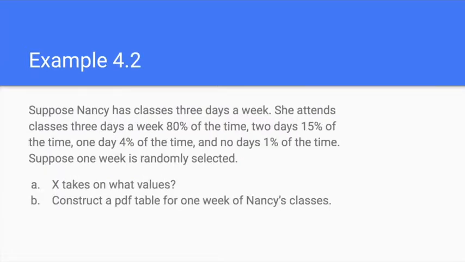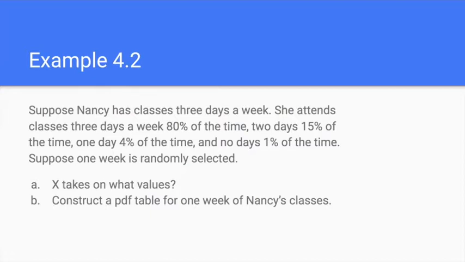For a second example, we're going to do more of the same, but on this one, I would encourage you to pause the video after we discuss part A and see if you can construct a PDF table, and then see how it compares to the one that I have.